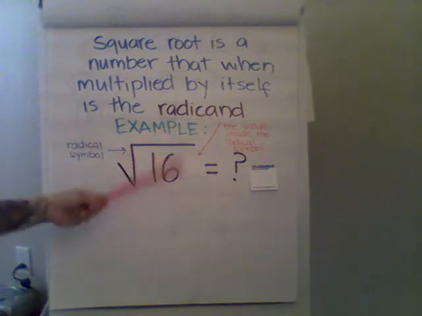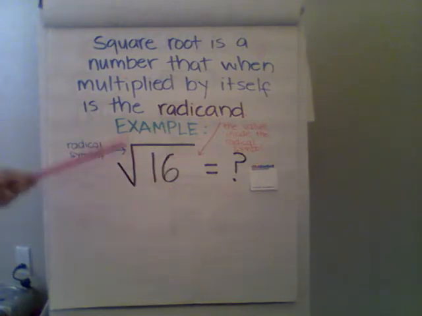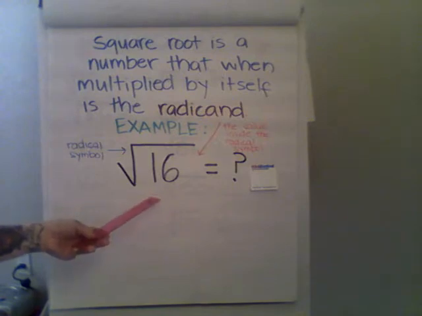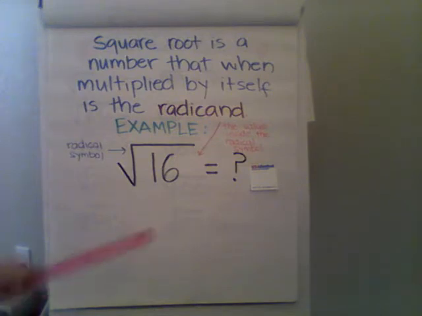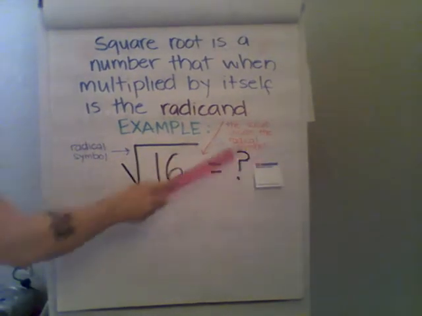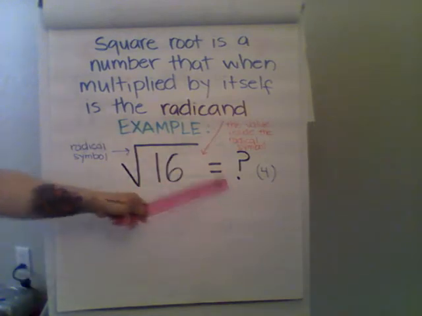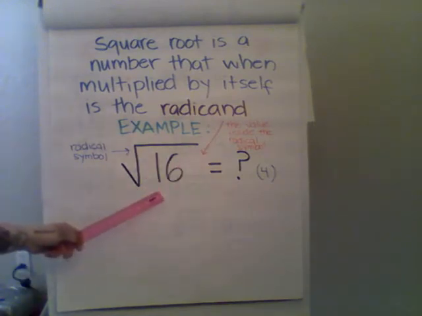The radicand is the number that is in here. So here's our radical symbol, and the number inside is 16. What that is looking for is a whole number multiplied by itself that would give you 16. If you don't know the answer, it's 4. 4 times 4 is 16.